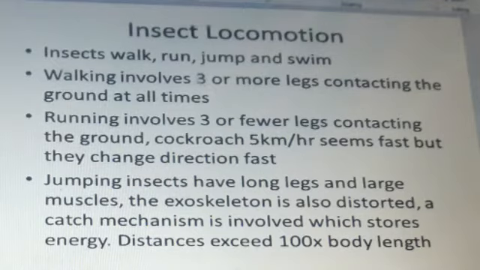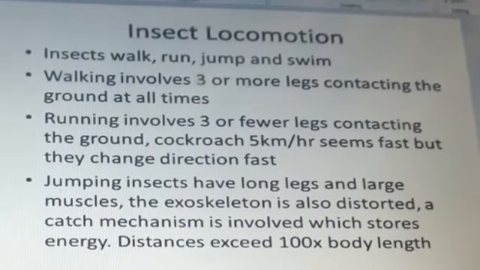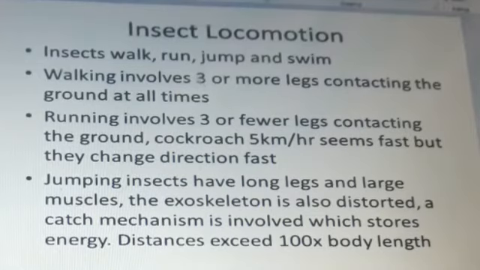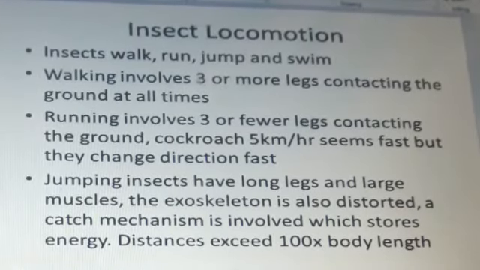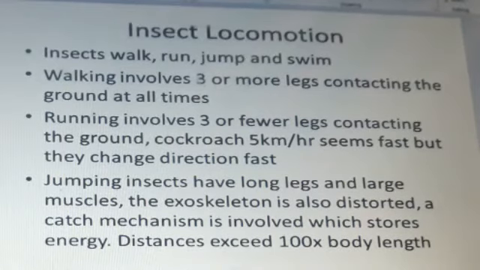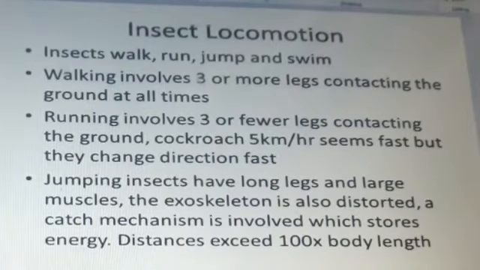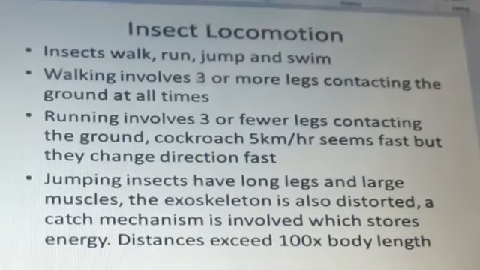Next, we have indirect or asynchronous flight. Insects like flies and wasps use an indirect or asynchronous flight mechanism. Muscles act to change the shape of the exoskeleton for both upward and downward wing strokes.